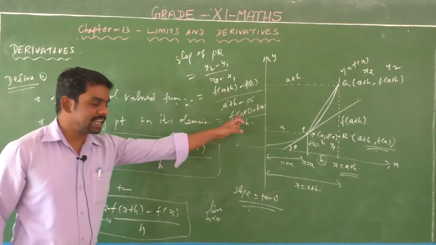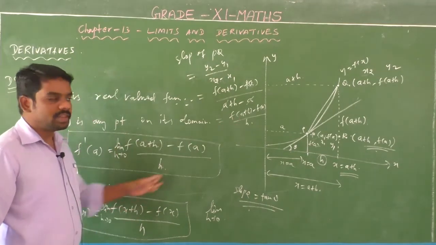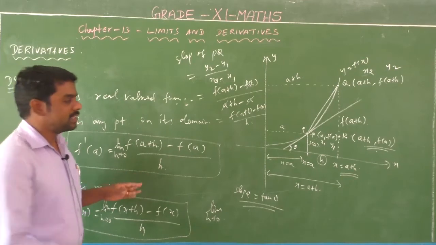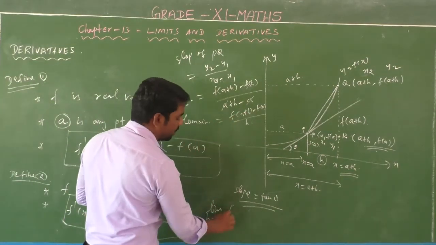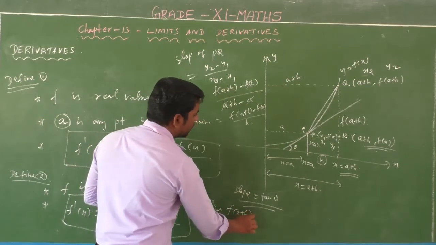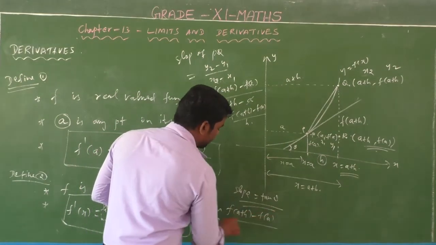Suppose x equal to x னு எடுத்துட்டோம்னா x plus h னு. So இதான் ஃபார்முலா. ஓகேவா? h ங்கிறது very smallest variation. So h tends to 0 னு கொடுத்துட்டோம் அப்படின்னா f of a plus h minus f of a divided by h.